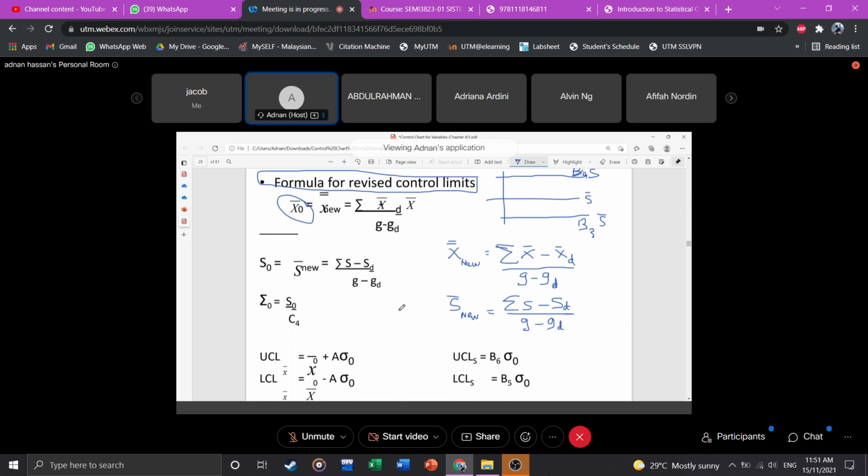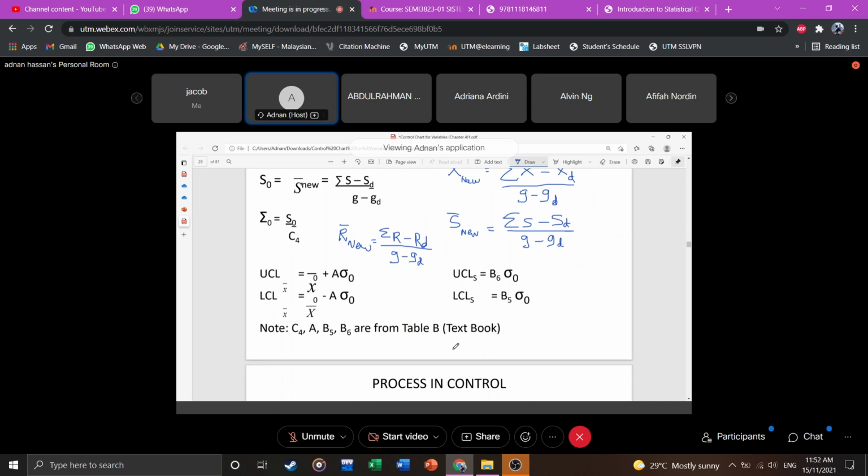Let me also write here R bar new, meaning the revised one. I forgot to mention earlier: summation of R minus whatever R that we discarded, divided by G minus GD. So this RD, SD, XD may not be one value; it can be two or three values, depending on how many are outside the control limit.